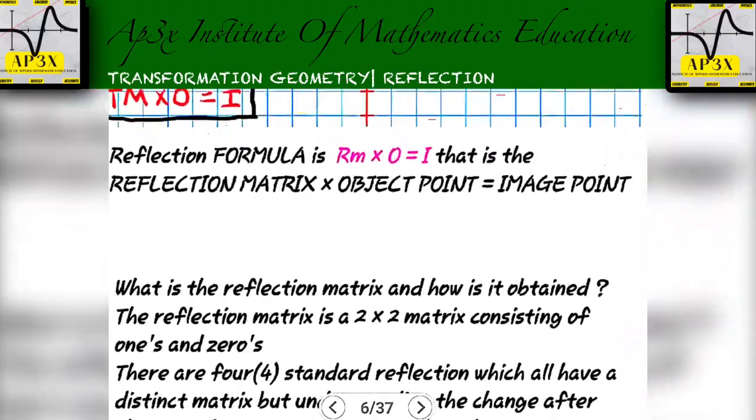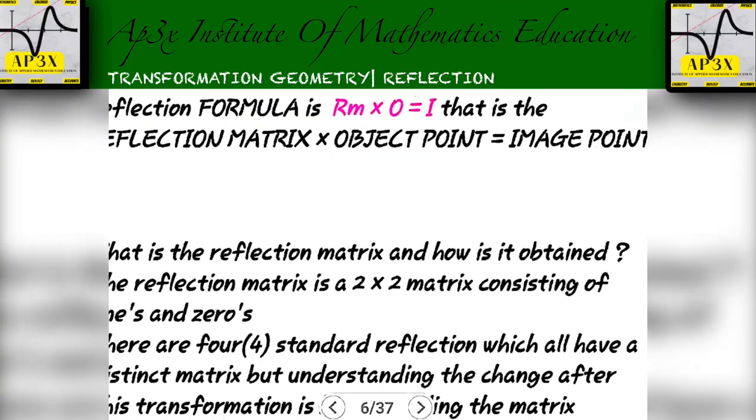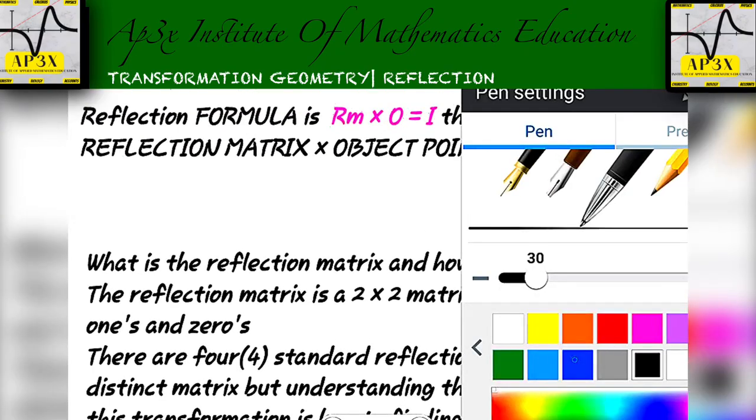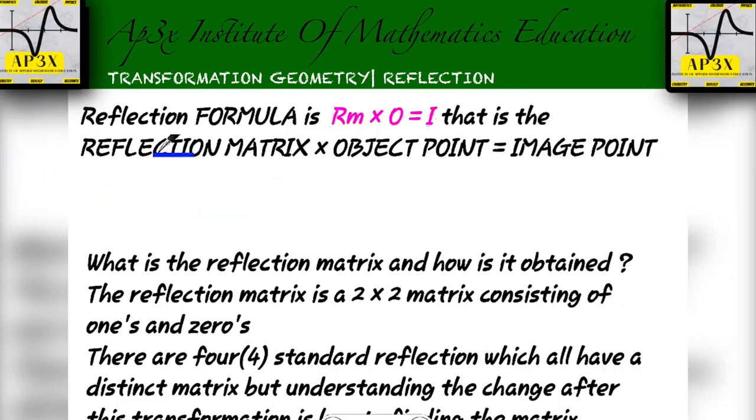Okay, so how do we obtain this particular matrix? First of all, you're going to need to remember exactly what happens to the points. I've saved this little space here so we can work this out. Let's say we have a random point, which we know is always written in the form (x, y). I'm going to write this in column form, so I'm going to have x, y.